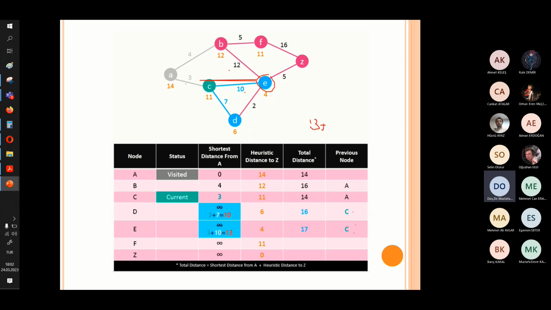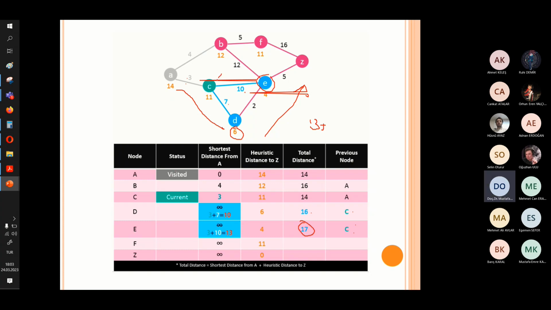Therefore, the estimated cost, the Fn, will be 17 for E. And how about this one? 7 plus 3 is 10, and adding the heuristic value, reaching Z from A by using D will be 17, right? Sorry, 16, and we have put 16 there.